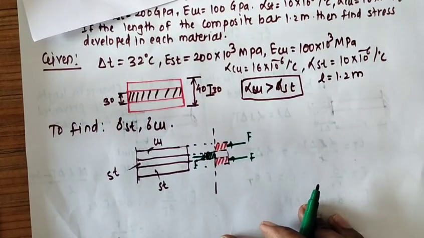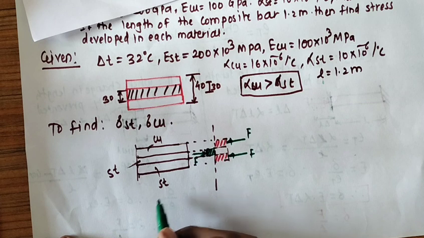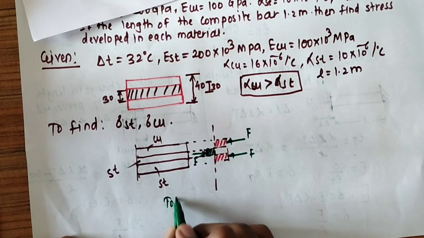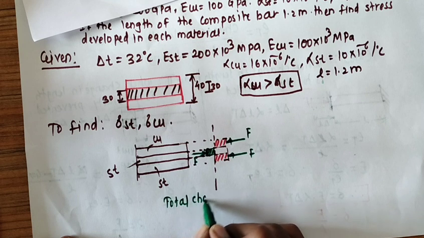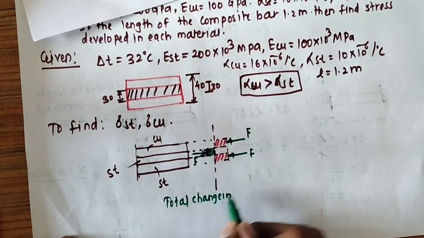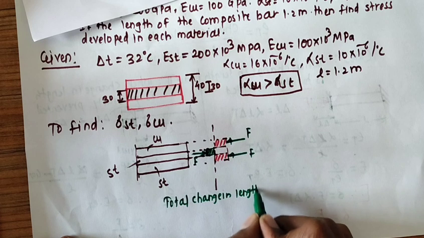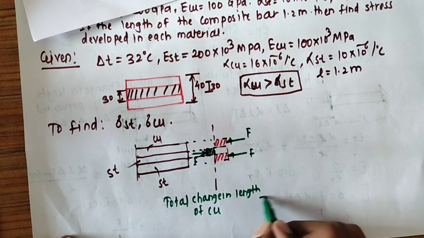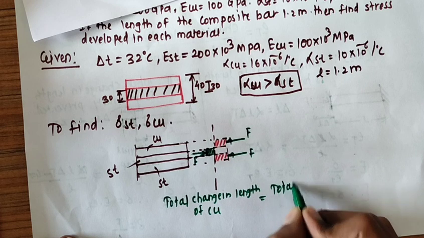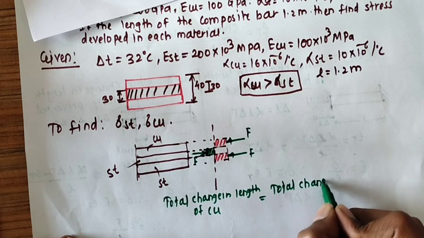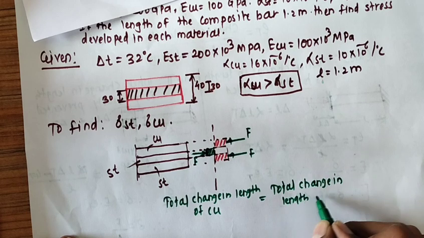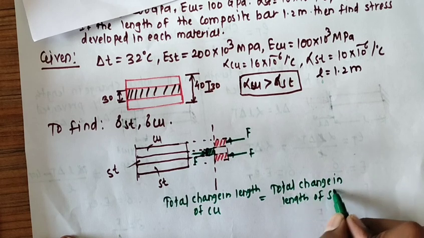Now how can we write the equation? We know that the total change in length of copper is equal to the total change in length of steel.